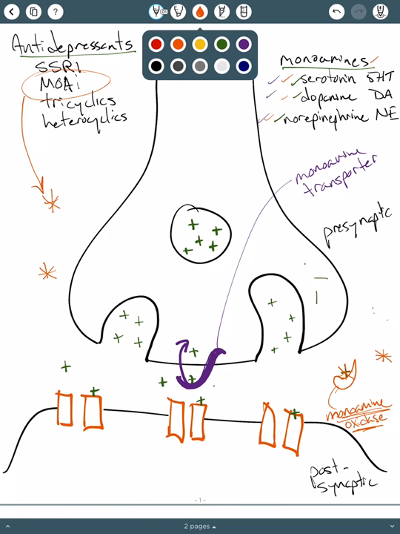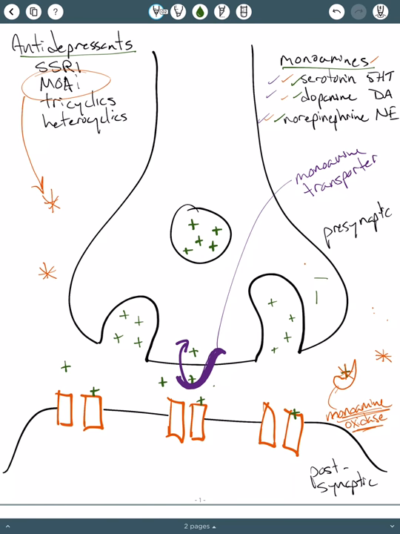That means that more of the monoamine molecules are left in the synapse for a longer period of time.